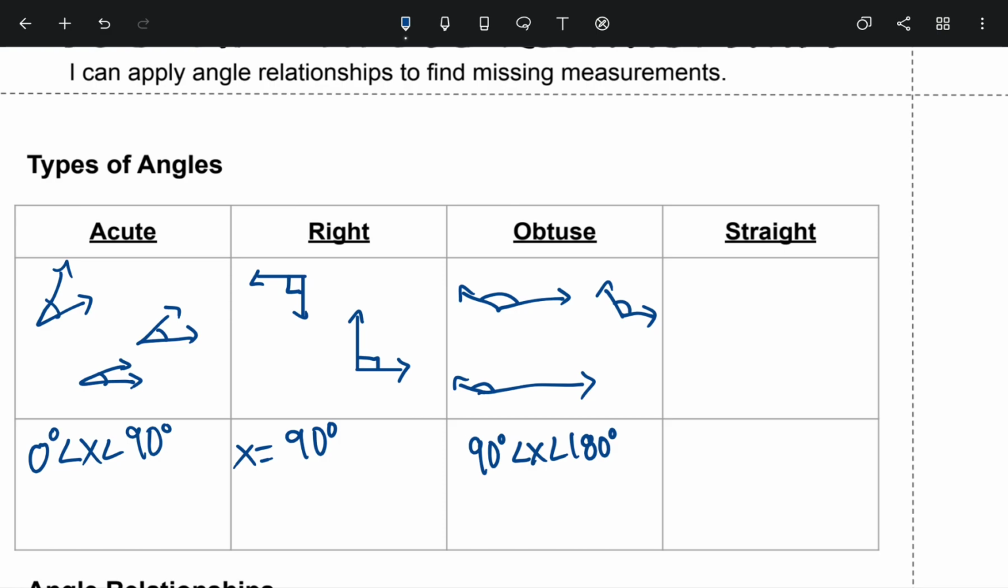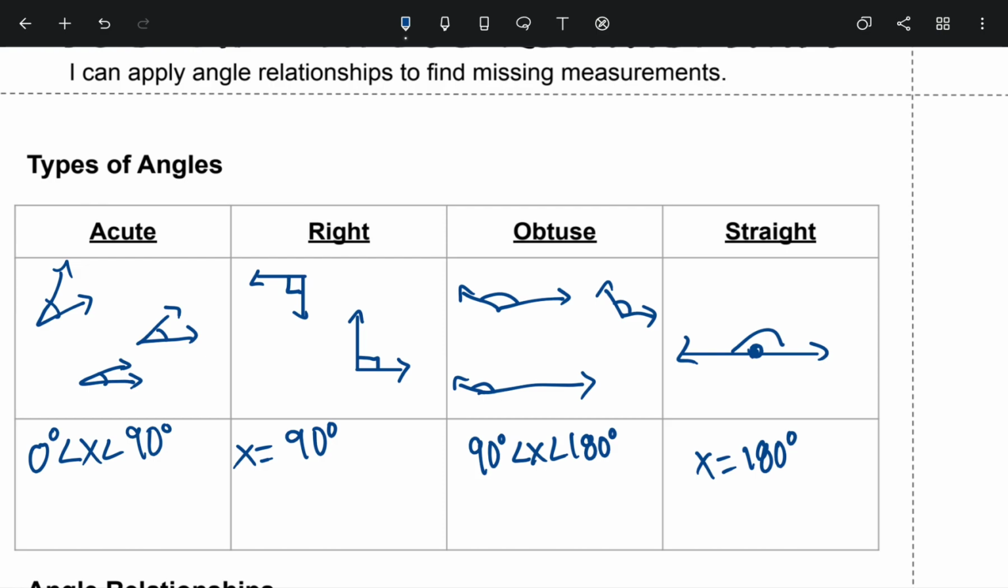And the last angle is a straight angle, which is exactly 180 degrees. That will look like a straight line. Okay. So these are the 4 different types of angles we will be working with.